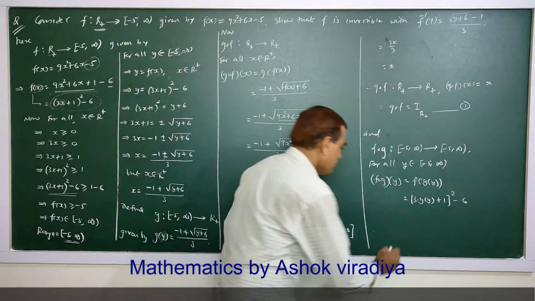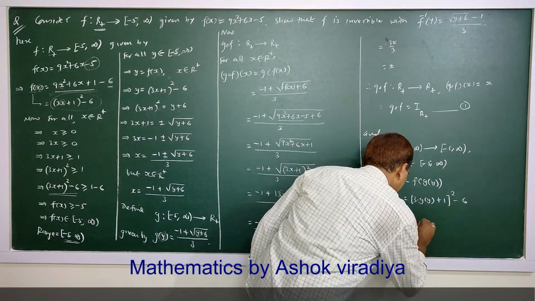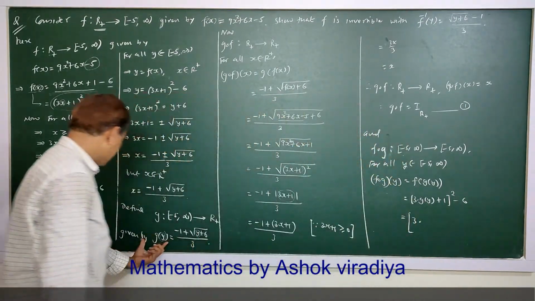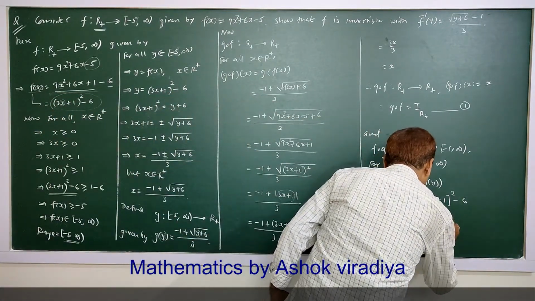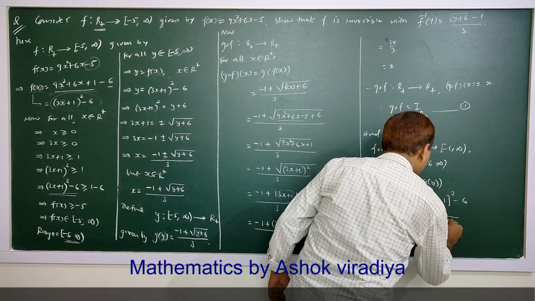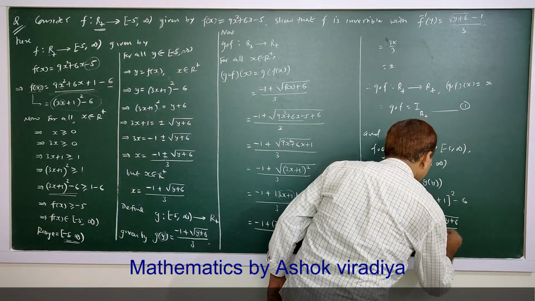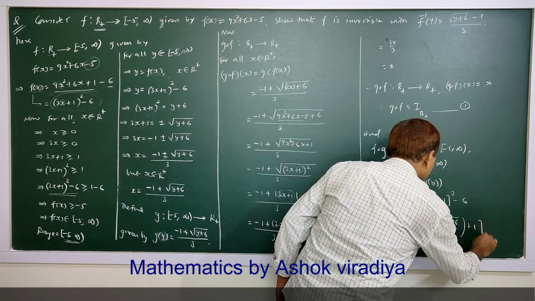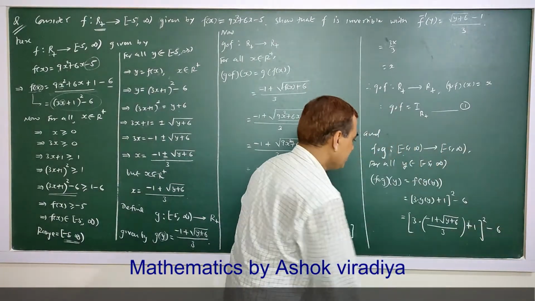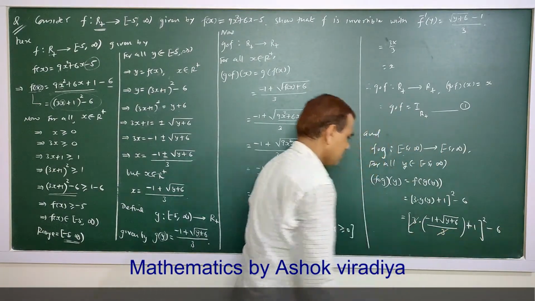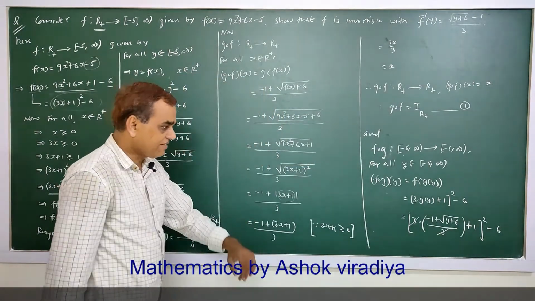Now what is g(y)? Here it is g(y). So 3 times (-1 plus the square root of y plus 6, by 3, plus 1) whole square minus 6. So this 3 will be cancelled. Then what is left?